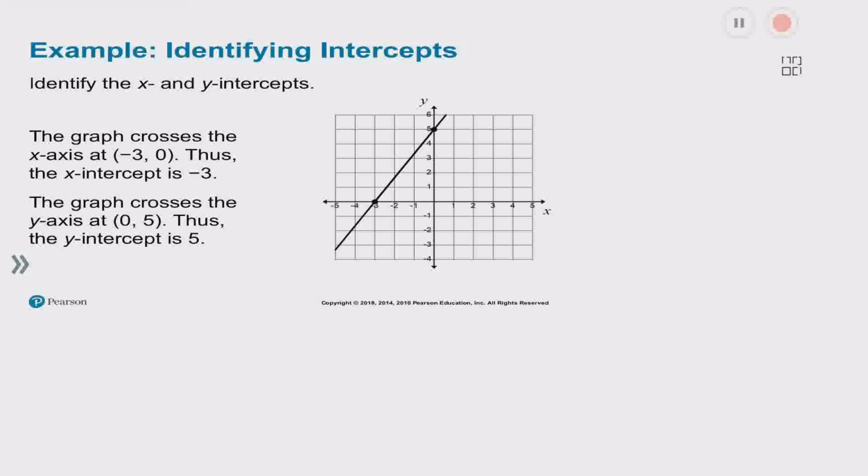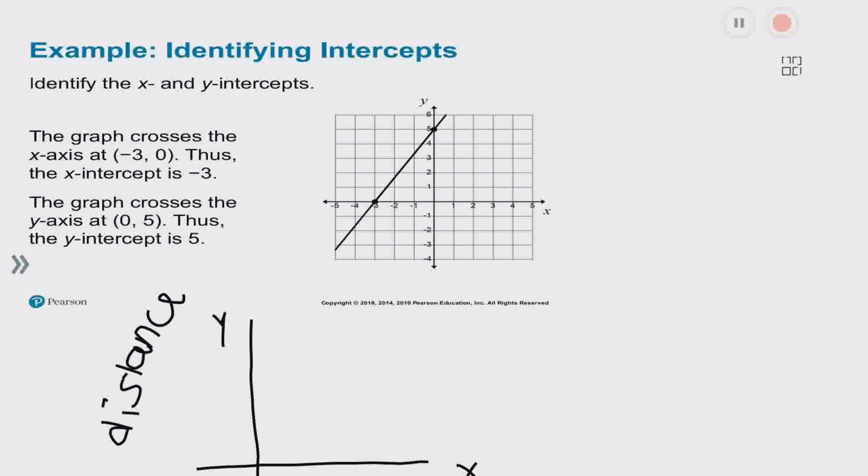So it says select integers for x, starting with -4. So I'm going to do -4, -3, -2, -1, 0, and ending with 2. We can use the table in our calculator to find this, or we can plug them in.